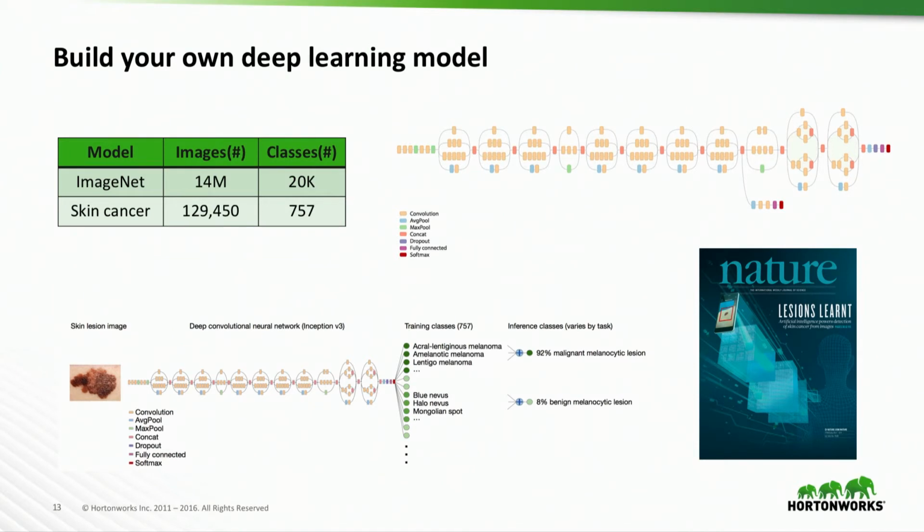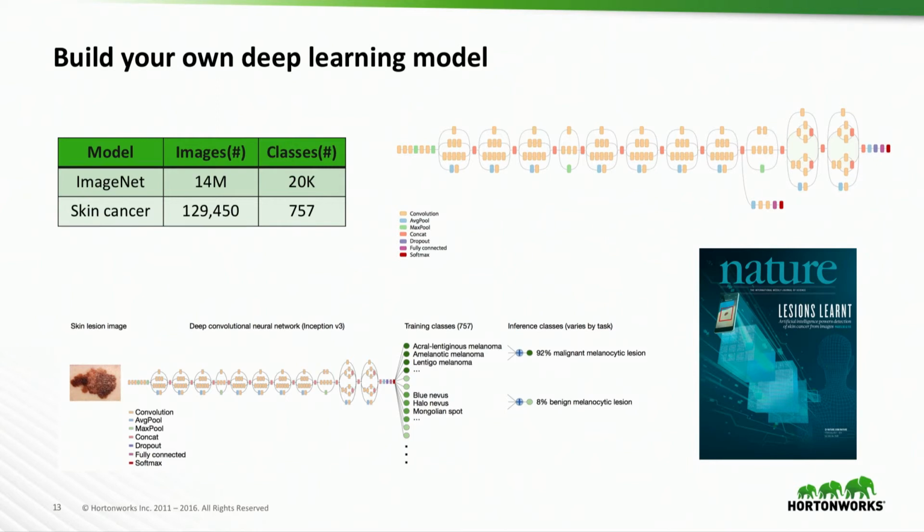We can also compare the training data and the classes. The Inception V3 model was trained on ImageNet, which has almost 14 million images and 20,000 classes. But the skin cancer case, which is already a very large dataset in medical research, is still far less than ImageNet.